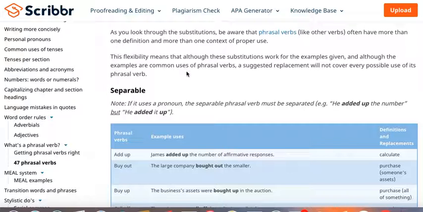This flexibility means that although these substitutions work for the examples given, and although the examples are common uses of phrasal verbs, a suggested replacement will not cover every possible use of its phrasal verb. What does that mean?